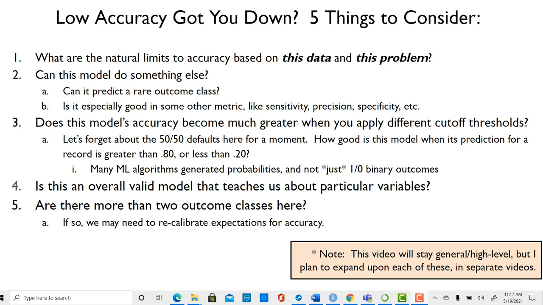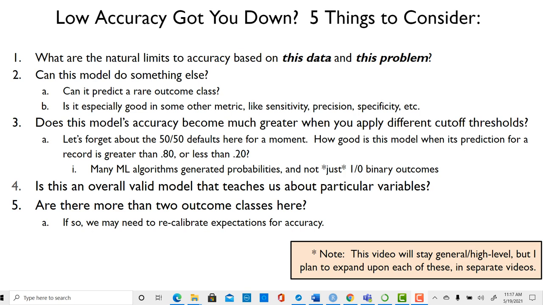But let's imagine a multi-class scenario. Let's imagine we have taken a numeric variable, we have binned it in a responsible way, putting approximately a quarter of the records into each of 4 outcome classes. Well, now the naive rate of accuracy would be about 1 in 4. If we were randomly guessing, maybe by throwing darts at a wall, blindfolded, first we'd ask why we are doing that, but once we got done, we'd realize that we were accurate about 1 out of every 4 times.